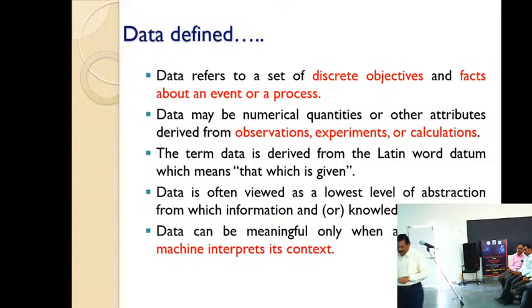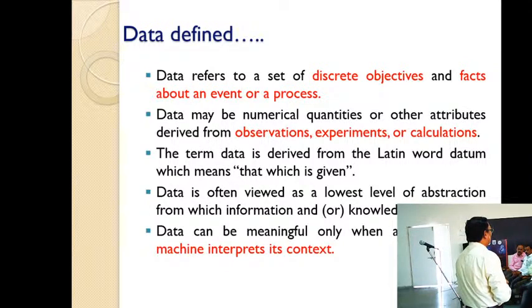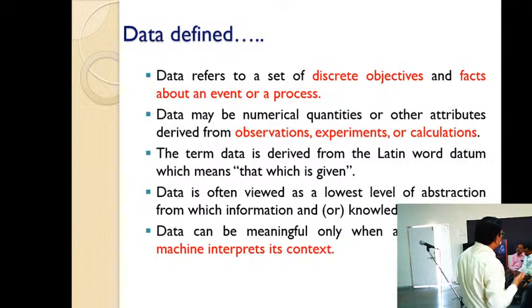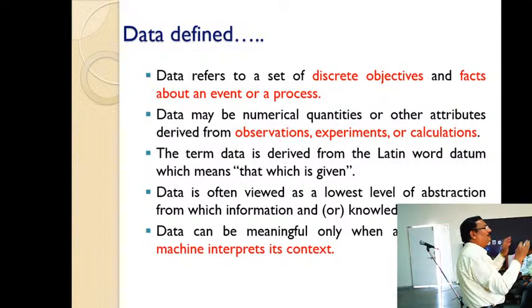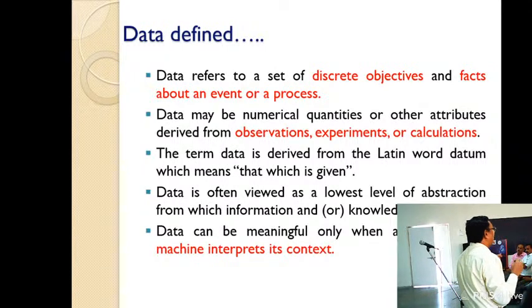It may be any observations, experiments or calculations. For example, chemistry people do research on an experimental or observational basis. We have to decide what kind of data we want.